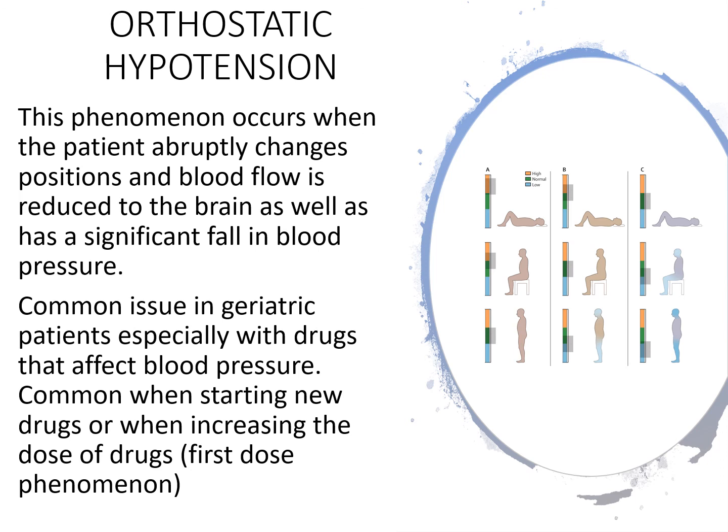And if there's significant differences between those positions, then we'll be concerned about orthostatic hypotension, and we may have to adjust their medications to try and prevent this symptom, and also prevent the condition of orthostatic hypotension.